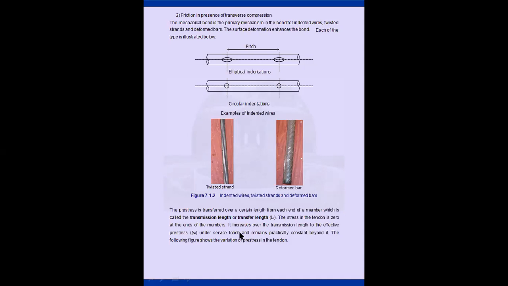Because when you stretch the member, it will try to elongate at its center. Even the lateral and longitudinal change in dimension you can see only at the center of the member. That's why at the ends you can't see any kind of stress in the tendon, but there will be more stress change in the center of the member.